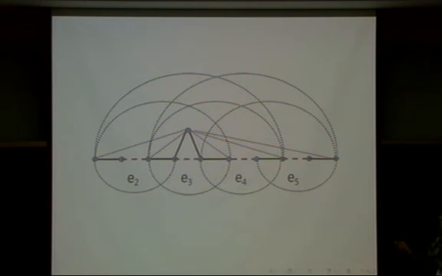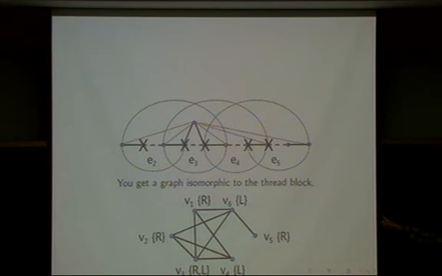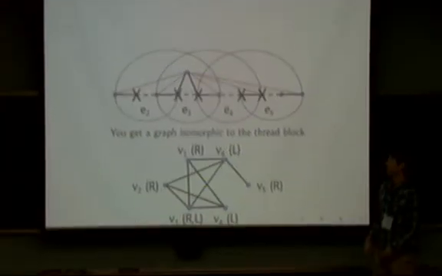And then look at E2 and E4. The right vertex of E2 is adjacent to the left vertex of E4. This is exactly the rule of the thread block. So you appropriately delete the vertices. If V2 has the label R, then you delete the left vertex of E2.